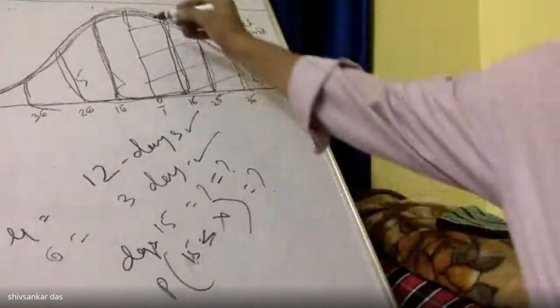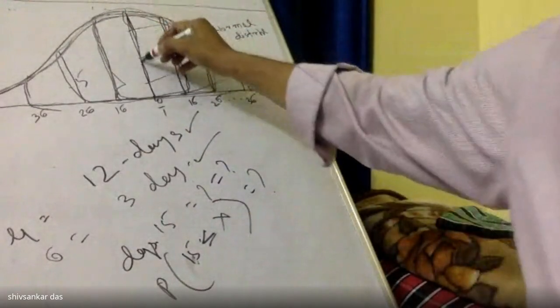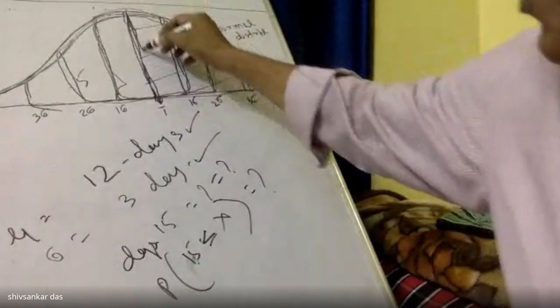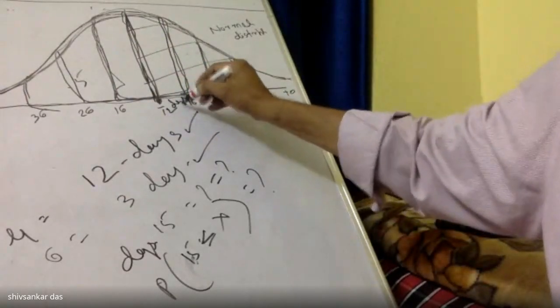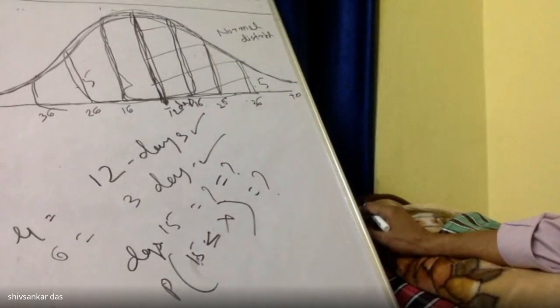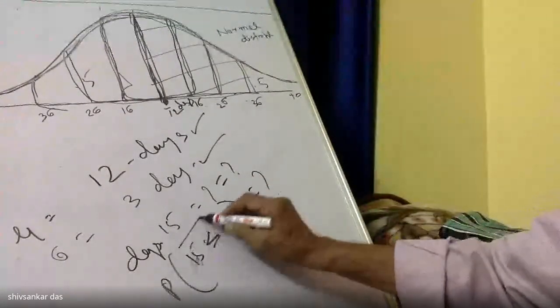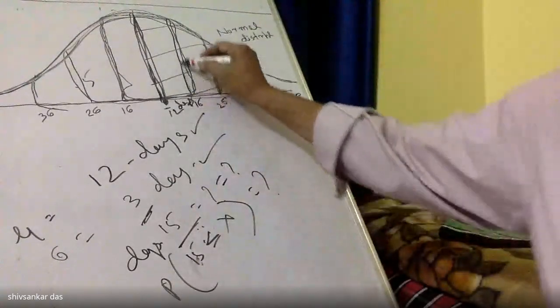So mean is 12 days. The project is normally completed in 12 days. 15 days means 1 sigma, 1 standard deviation, that is 15 days.